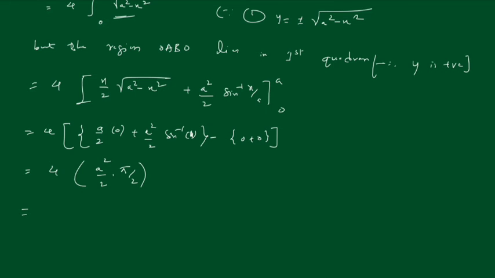So here the 4 gets cancelled, it is 4 pi a square by 4, the 4 gets cancelled, and finally what we get is pi a square units, which is nothing but the area enclosed within the circle, right?